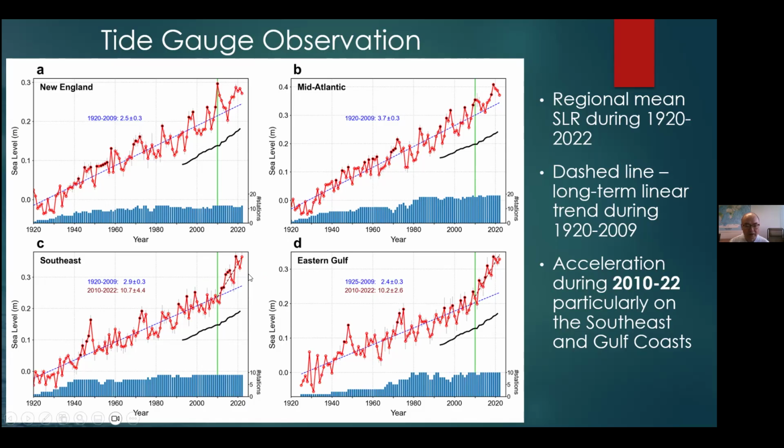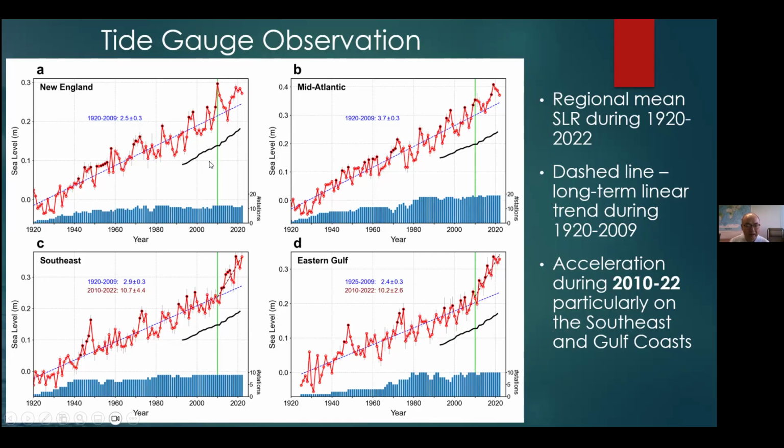This departure indicates the sea level rise accelerates during 2010 to 2022. The decadal rise rate during 2010 to 2022 increases to more than 10 millimeter per year on the southeast coast and the Gulf Coast. The centennial timescale rise rate and the decadal timescale rise rate are not directly comparable.